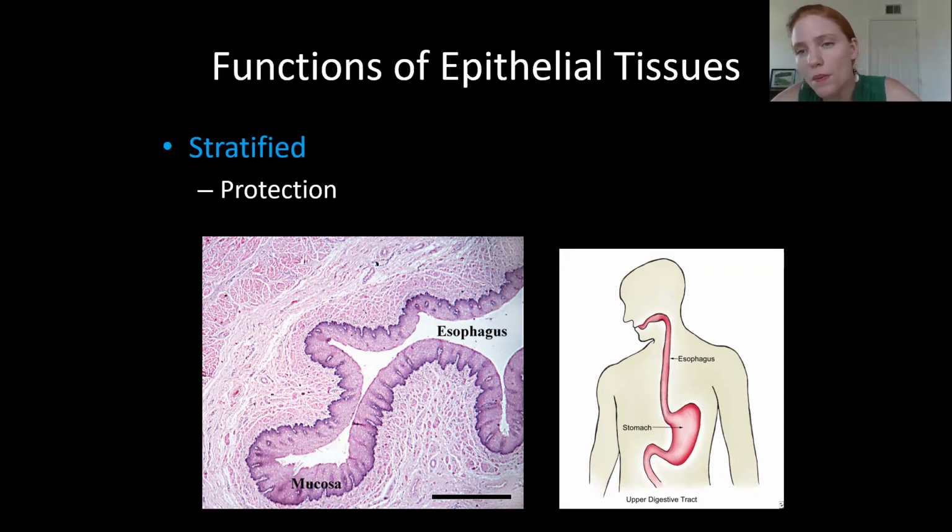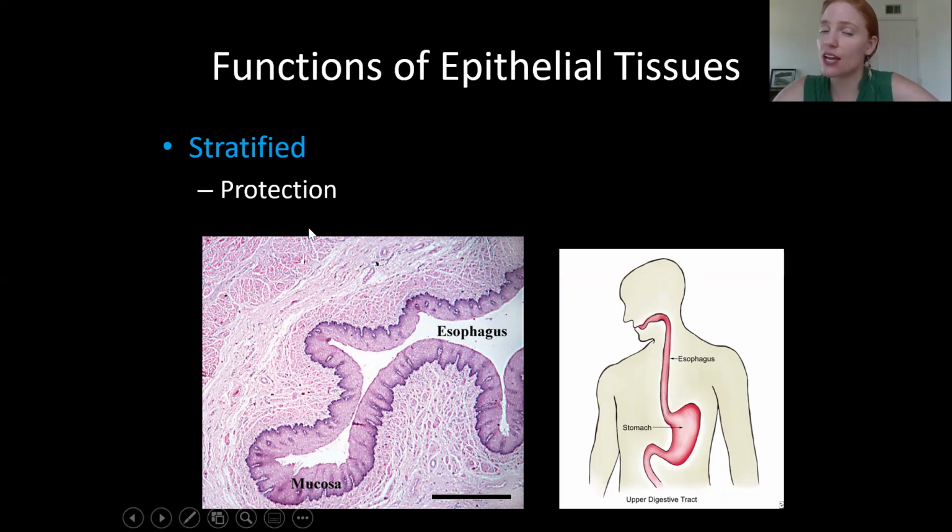It doesn't absorb into the body, so nothing needs to pass through the cells. It's just the muscular tube that allows for transport to the stomach. And so if you're not trying to exchange anything, there's no point in being thin. Okay, instead, it's going to be stratified because the more layers that you have, the better protection.